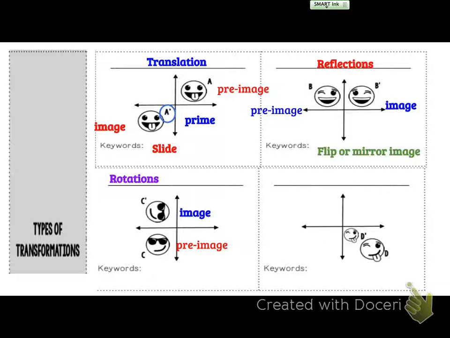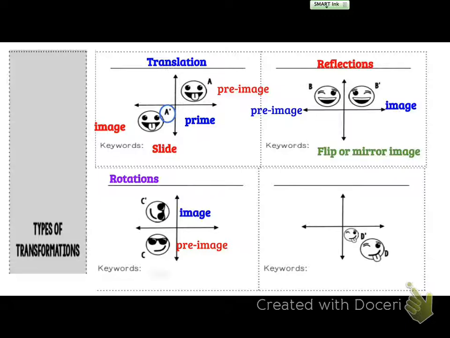You'll have images that are rotated 90 degrees, 180 degrees, and 270 degrees, either clockwise or counterclockwise. Do we understand what clockwise and counterclockwise are? If you look at a clock, we're going this direction, to the right. If we're going counterclockwise, we're going to the left.